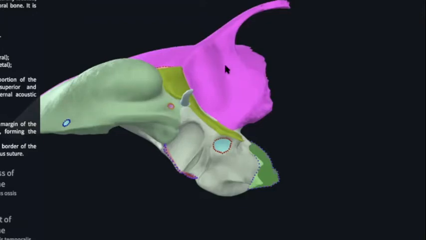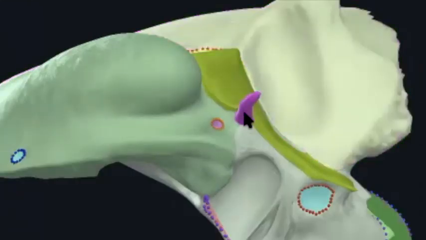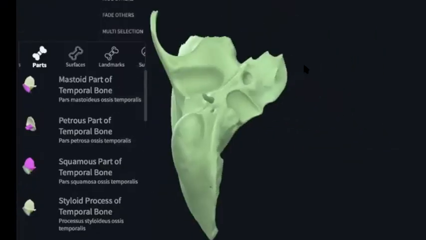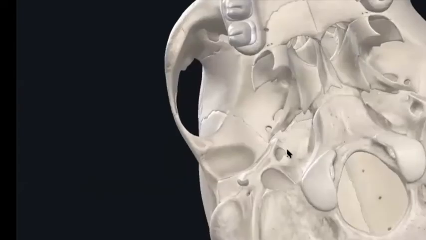This is where the condylar process of the mandible fits in to form the jaw joint. You have this styloid process, which you could also see from the lateral view. You could also see the mastoid process over here. Those are some of the major features of the temporal bone looking from this view. And then you also have the foramen lacerum here.